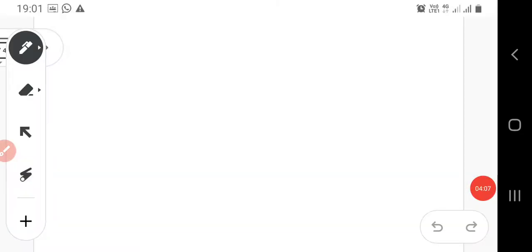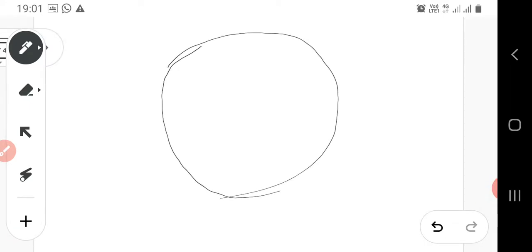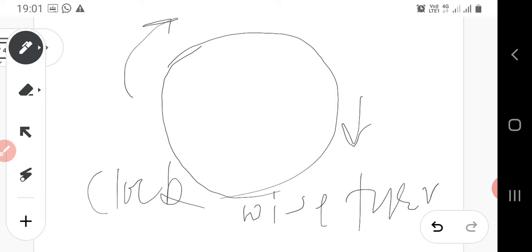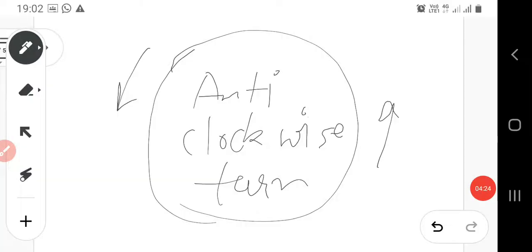There are two basic types of turn. First one is clockwise turn. Second one is anti-clockwise turn or counterclockwise turn.